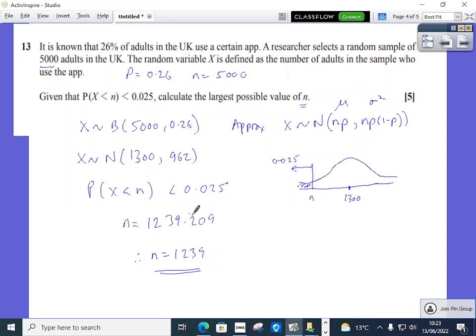Anything higher than that will give you a bigger probability. You can check it in your calculator if you get time. Just put in those conditions and put in 1,240, and if it gives you a probability of more than 2.5%, then you know you need to go a bit down. You can always double check that. You'll have enough time. It takes seconds to put it through the calculator.